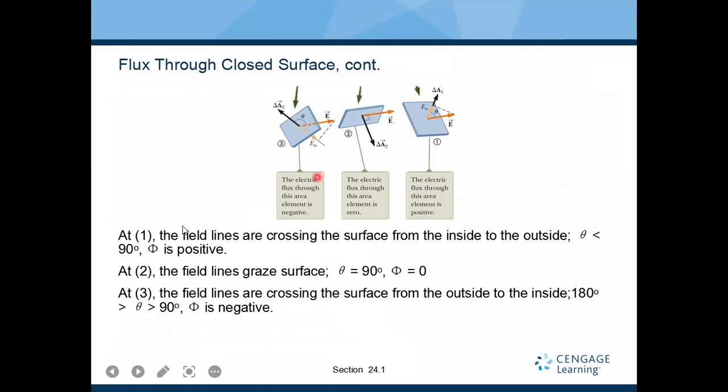So for these three conditions, we get these three results. If the field lines are crossing the surface from inside to outside, theta is less than 90 degrees, so phi is positive. If the field grazes the surface, the angle is 90 degrees, cos 90 degrees equals 0, so the flux will be 0. If the field lines are crossing the surface from outside to inside, theta lies between 180 degrees and 90 degrees, so phi is negative. So the electric flux will be negative for this.